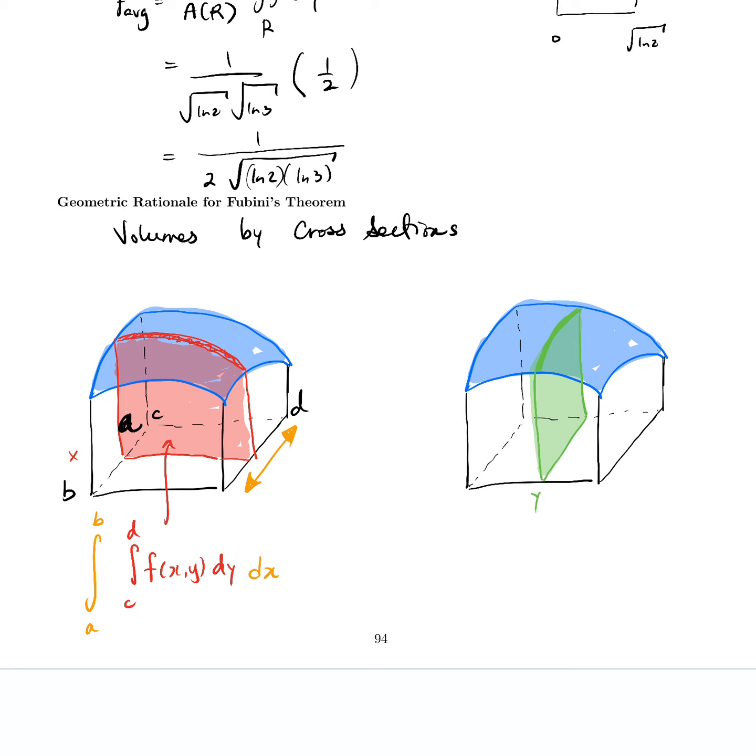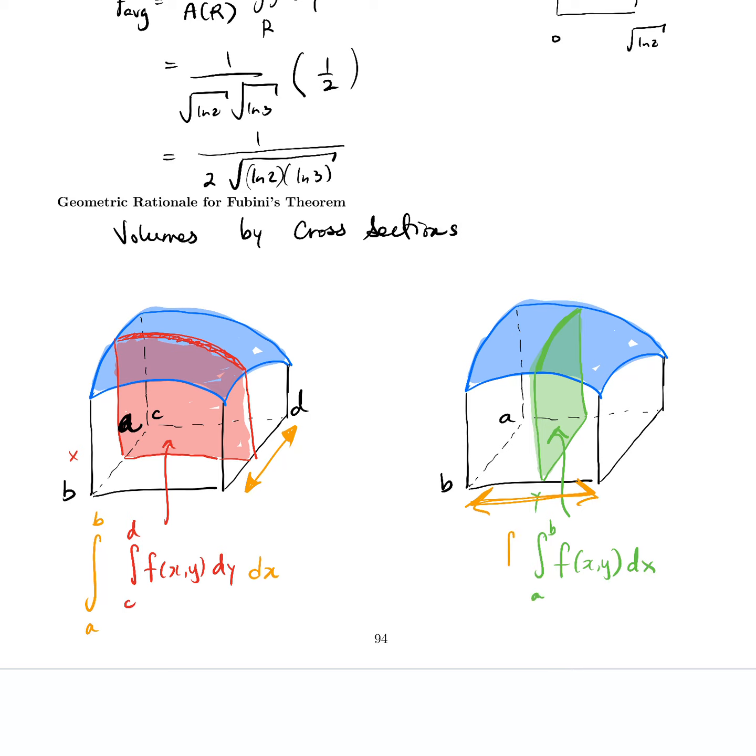And so x is going to go from a to b. The area under that curve would be the integral from a to b of the function, where y is fixed, dx.